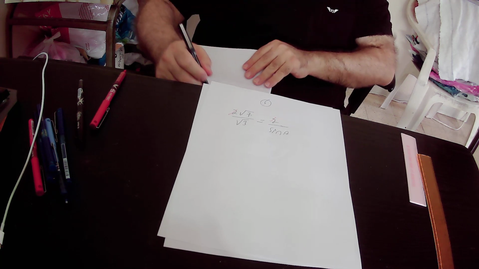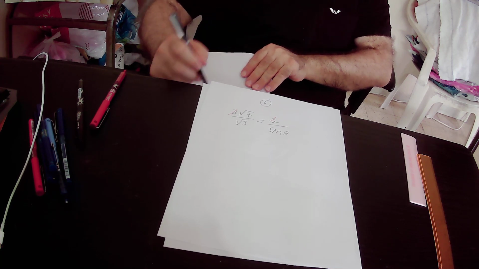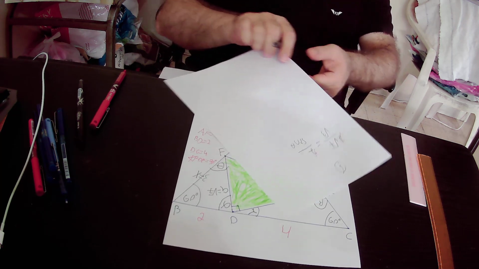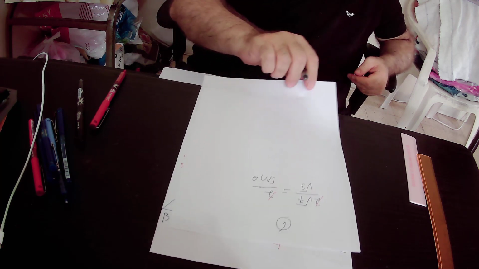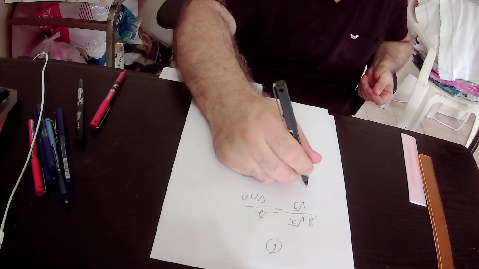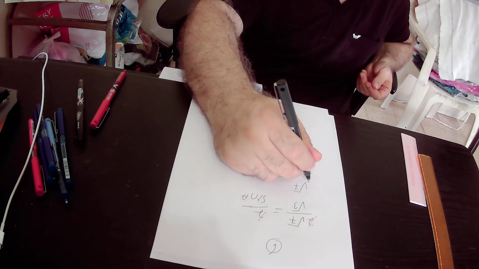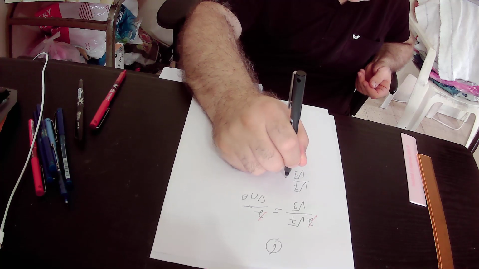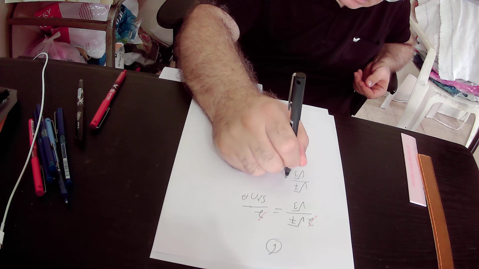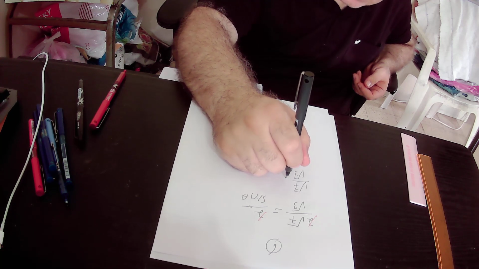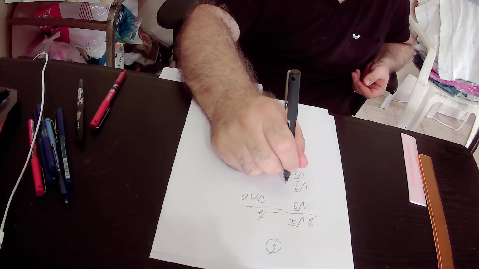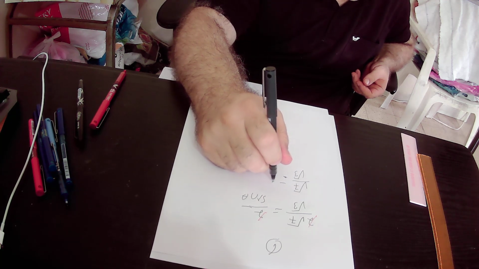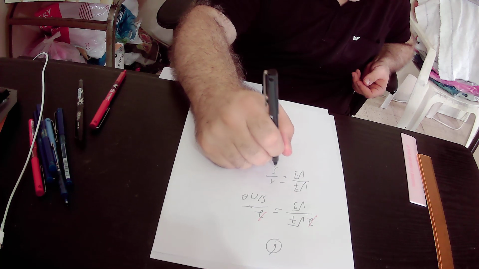What is left after we cancel 2 is root 7 over root 3 equals 1 over sine theta.